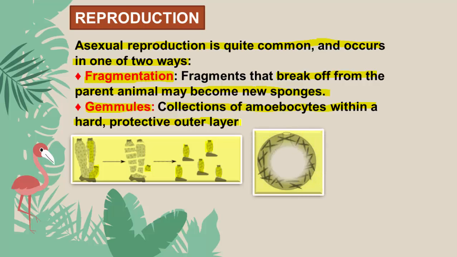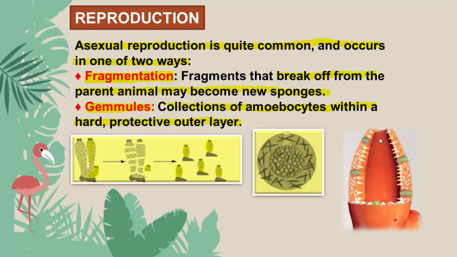So this is the image of a gemmule. This is called an internal bud, which means it is not on the outside. When you observe a section of the sponge body, here you can see some balloon-like structures here and there, and these green structures are nothing but the gemmules. So gemmules are internal buds.